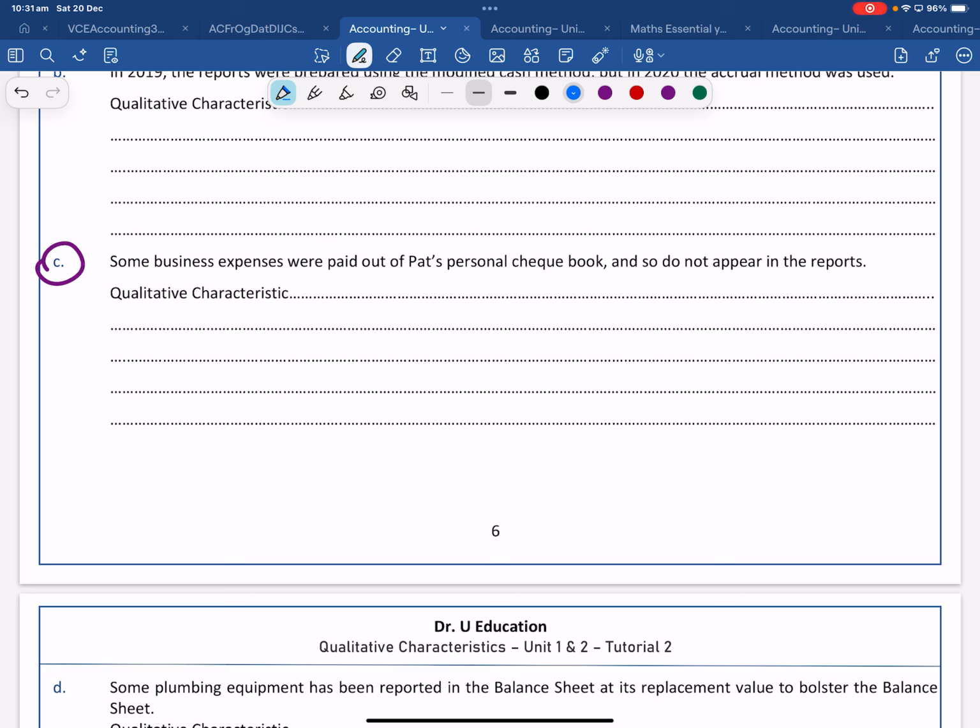Actually, remember I told you when we started the characteristics, the ultimate objective is to make it relevant. How many characteristics did we have? Six. All the other things are going to support relevance. So at the end of the day, that's what we are going to meet, relevance.